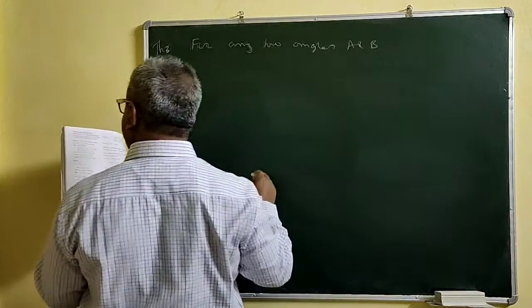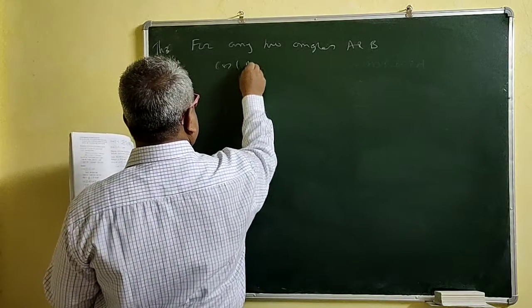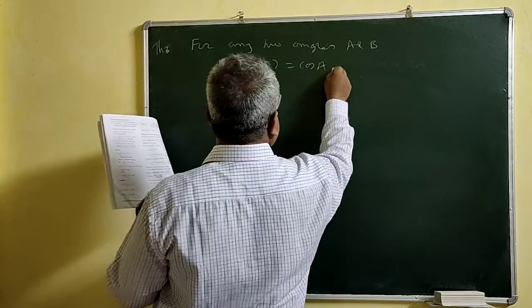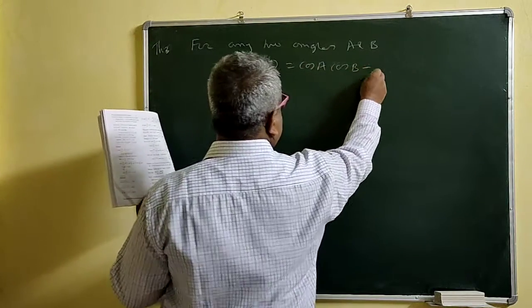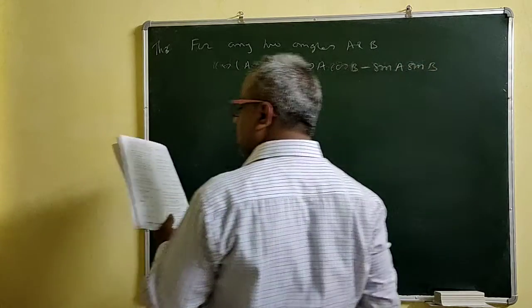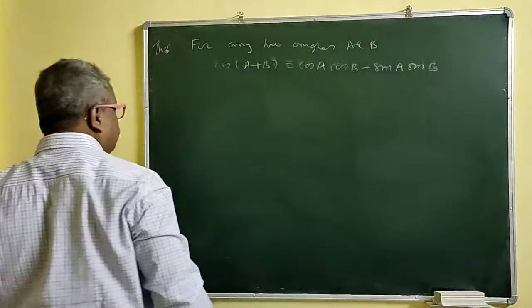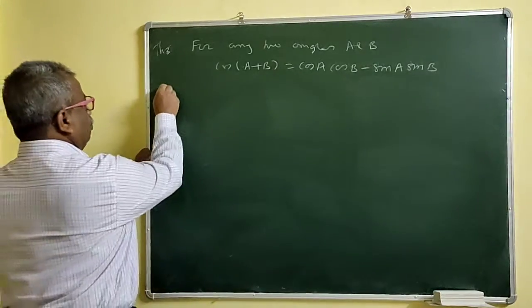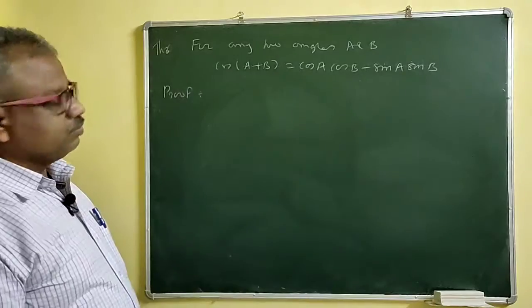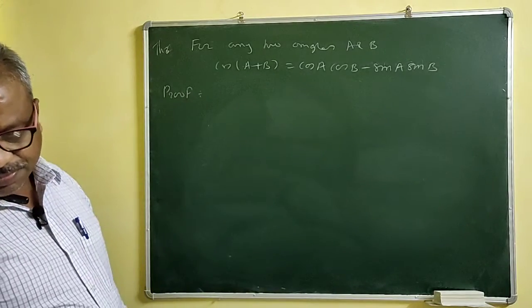For any two angles A and B, cos of A plus B is equal to cos A cos B minus sin A sin B. Okay, so the proof. This is very simple now.